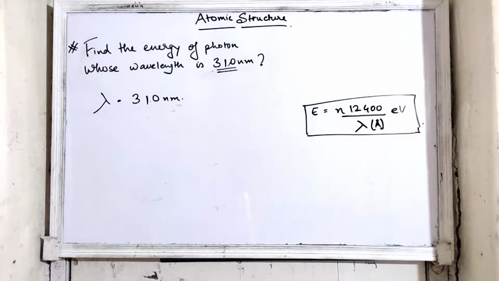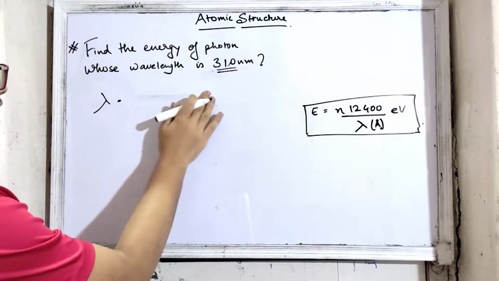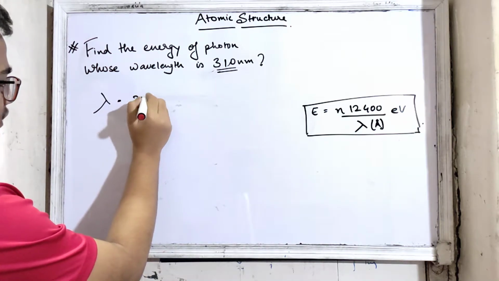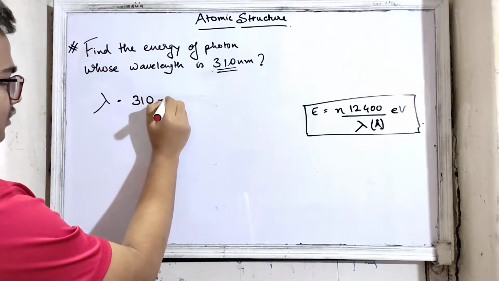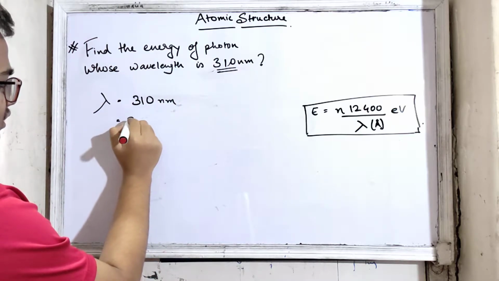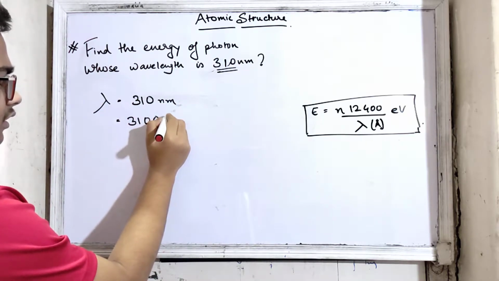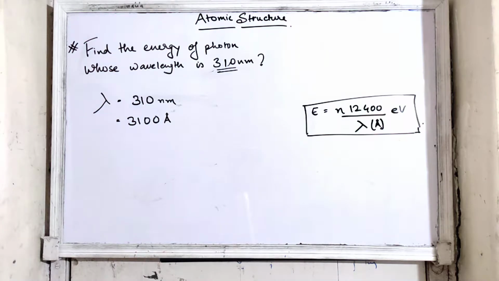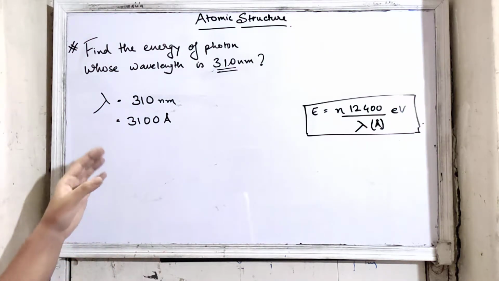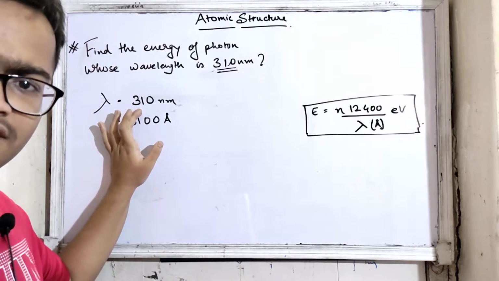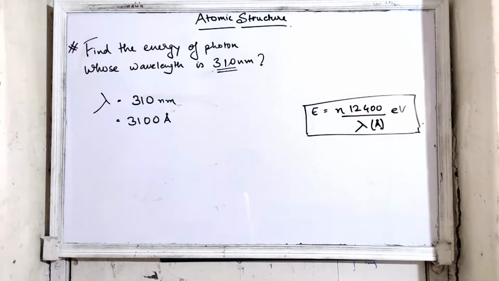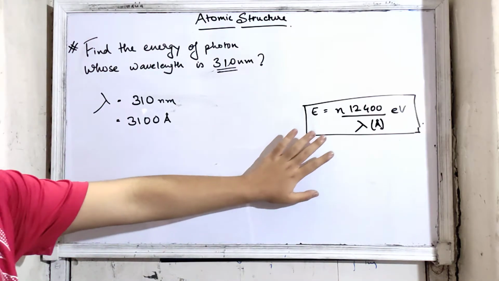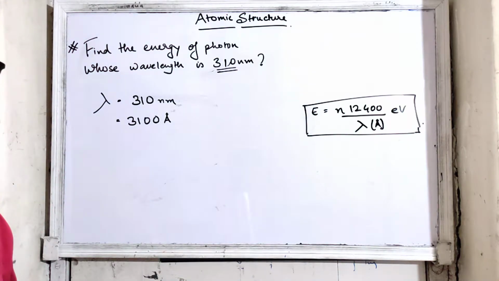So 310 nanometer, let's convert it to angstrom. So it will be 3100 angstrom, right? Clear up to this much? Lambda was given in nanometer, and so I convert it to angstrom. It comes 3100 angstrom.